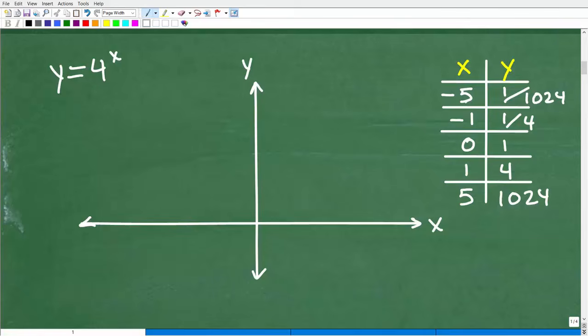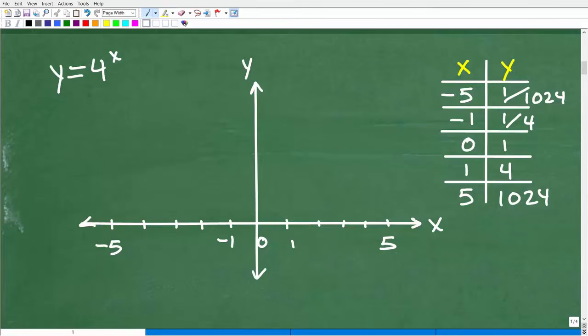So let's go ahead and plug in some random x values. So I'm going to start, let's make this 1, 2, 3, 4, 5. So this would be -5. We're going to plug that in for x. We have -1. Of course, we have 0 right there. Then we'll have 1, and then we'll have 1, 2, 3, 4, 5, where here.